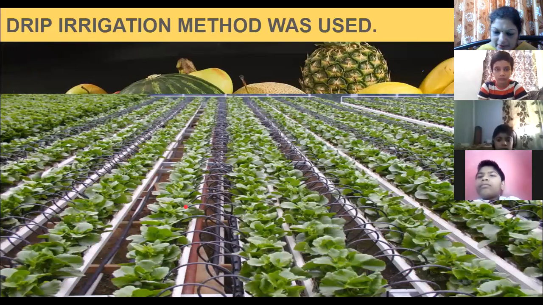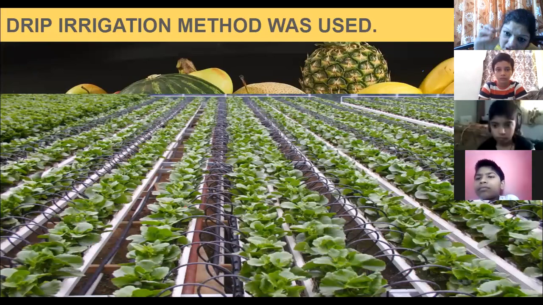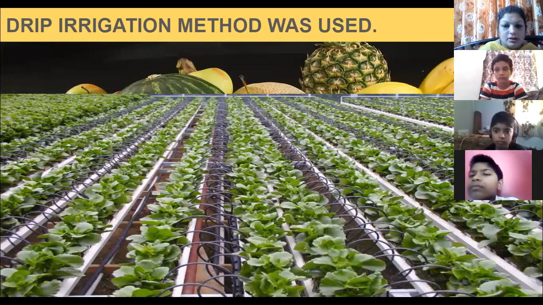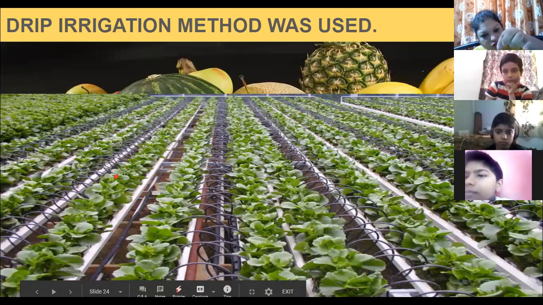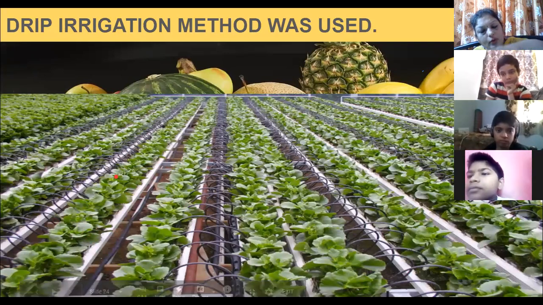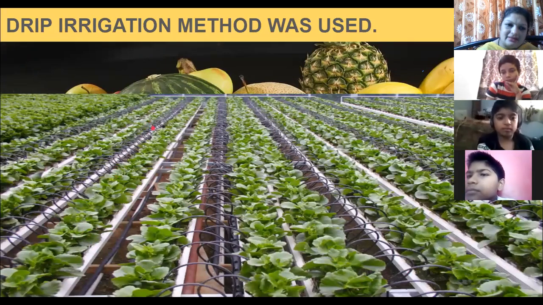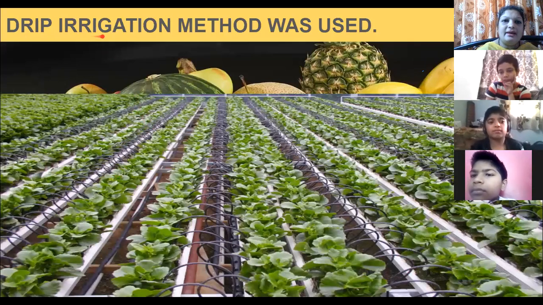Water is not wasted, and crops are also getting proper water. So through the pipes, with the help of those holes, the water is being provided to the crops. So this method is known as the drip irrigation method.